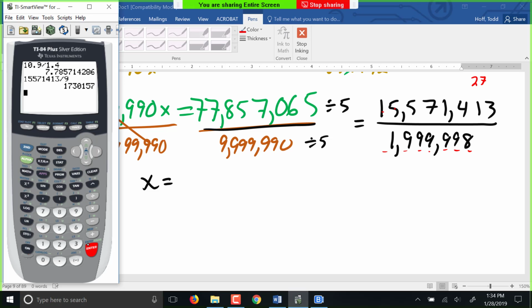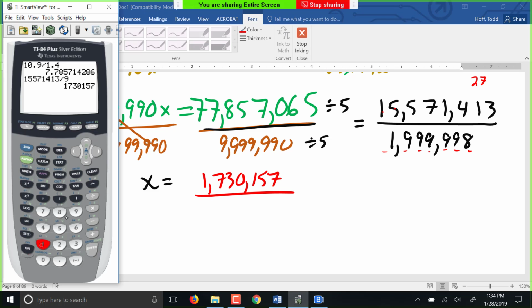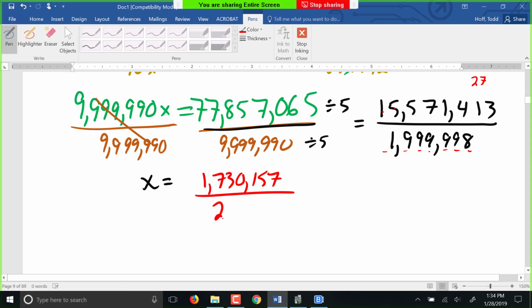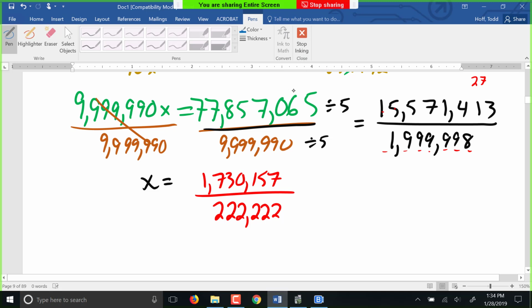That would be 1,730,157 over 222,222. If I add up the digits here on bottom, those add up to 12.